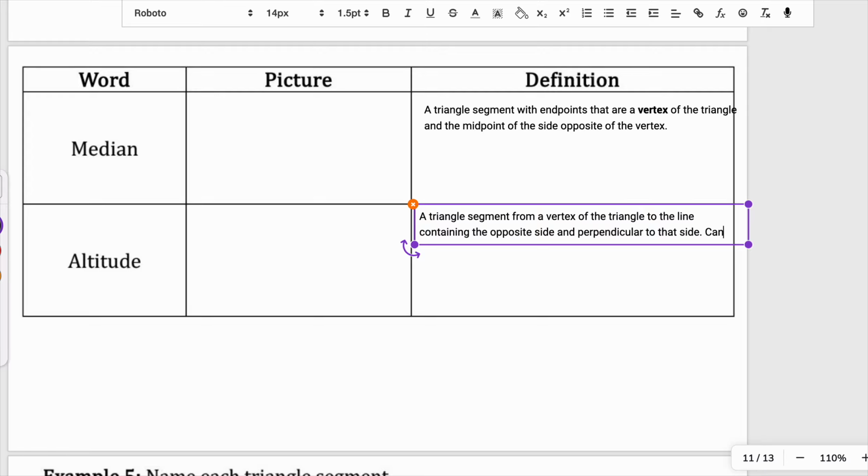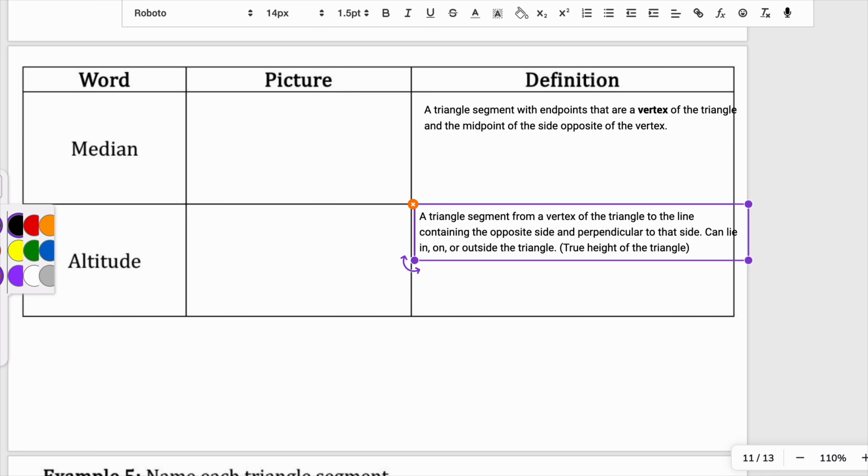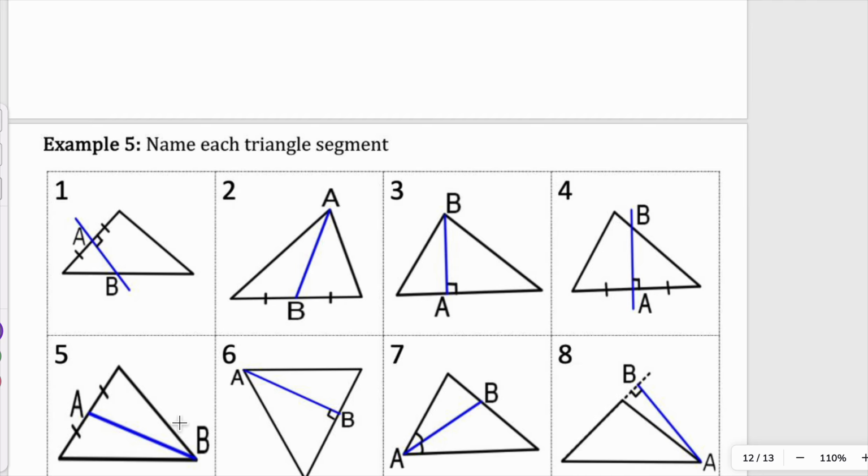It can lie in, on, or outside the triangle. Okay? When you think altitude, you think like how high a plane has to fly in order to be at its cruising altitude. So that's kind of the same situation here. You're wanting to maybe even consider what is the true height of the triangle. Okay? Hopefully that gives you an idea when we start to name a few segments down here.